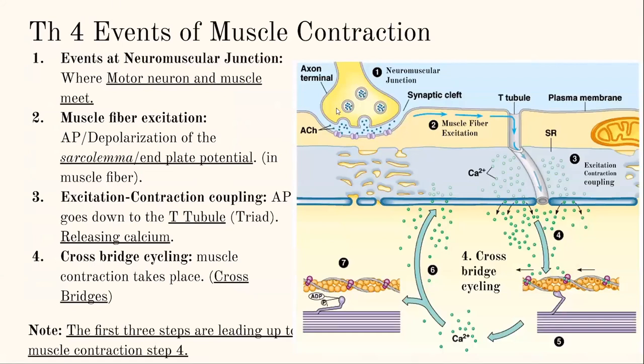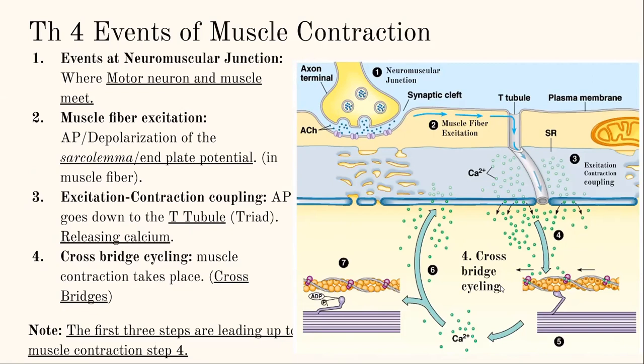All right, so this is leading up to contraction. We have three major events that happen before we get to the cross bridge cycling, where the myosin and the actin filaments attach. Leading up to that, we have three other events.